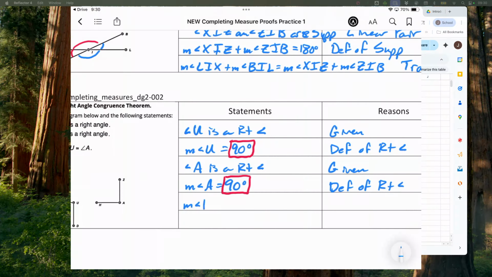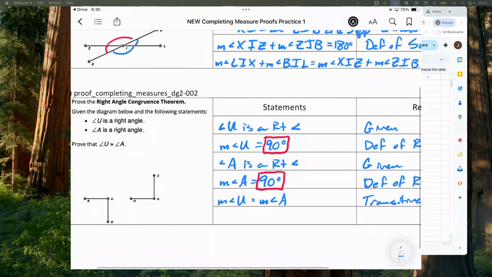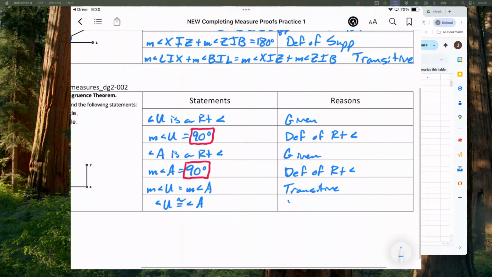The measure of angle U is equal to the measure of angle A. That's transitive. I would accept substitution if you put that there. And now, since their measures are equal, they are congruent, because of the definition of congruent.